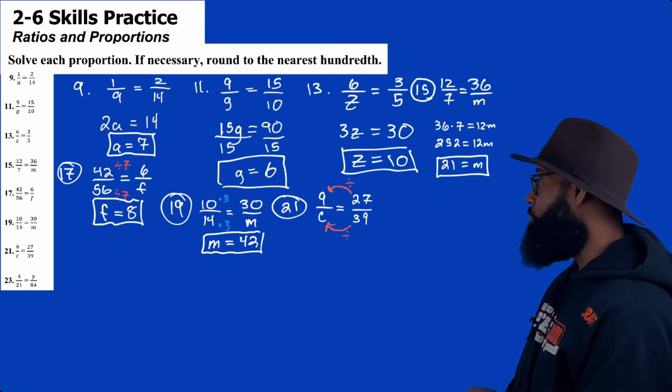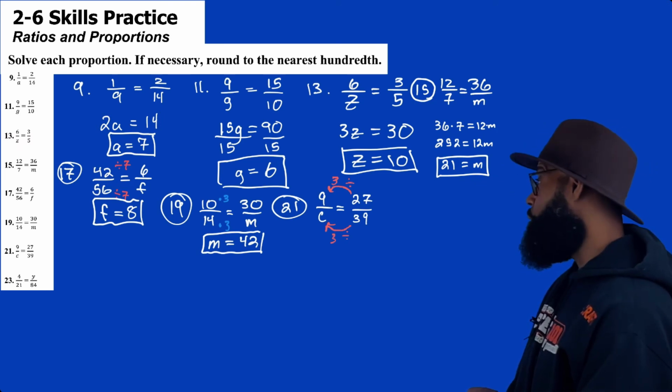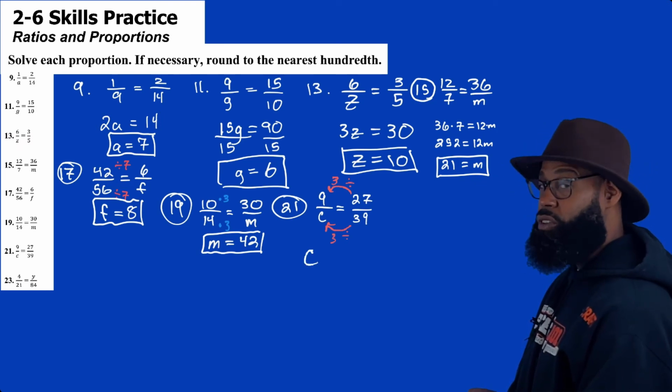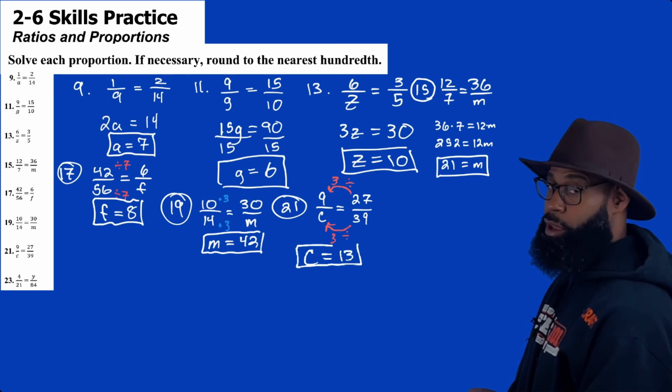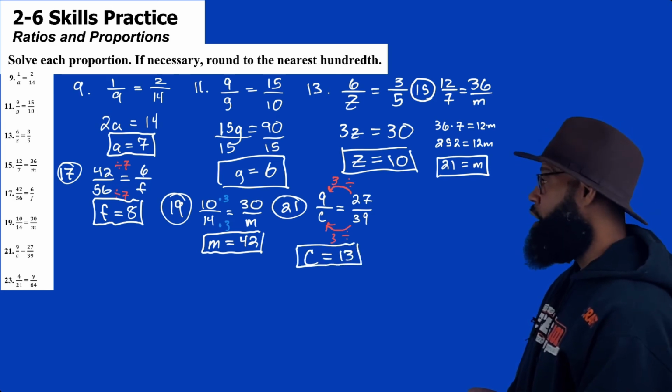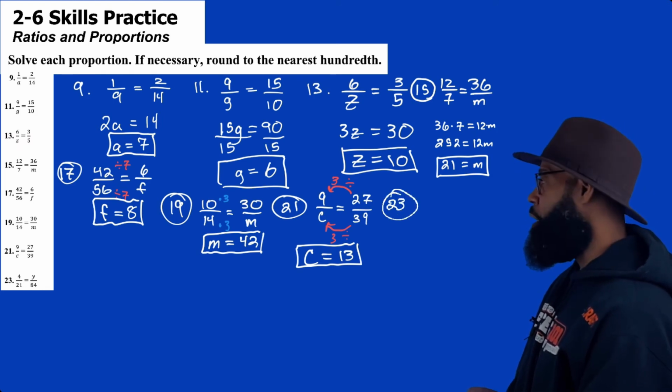And notice this time I'm showing that we went left to right, but now we're going right to left. It doesn't matter which direction you go, as long as you understand, to make a number smaller, we divide. To make a number bigger, we multiply. So in this situation, we divided that denominator on the right by 3 so we can get the smaller value of 13, right?